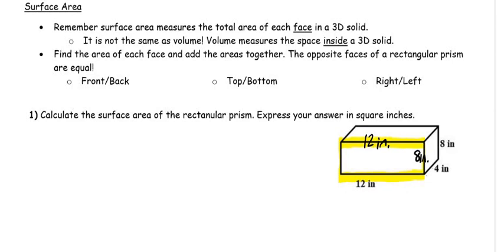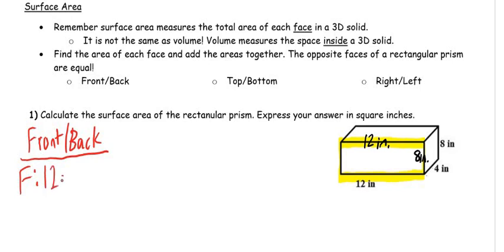So now I'm going to set up to find the area of the front face. And remember, the opposite faces in a rectangular prism are equal. So I can set up the front and the back together. All right, now I'm going to keep this really organized. To find the area of that front face, we would have to multiply the base of 12 times the height of 8.